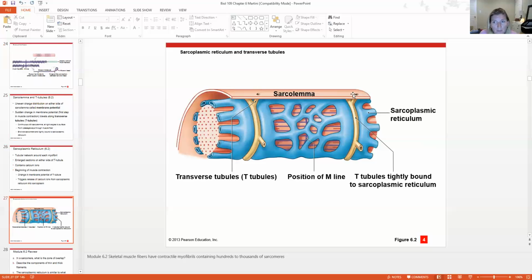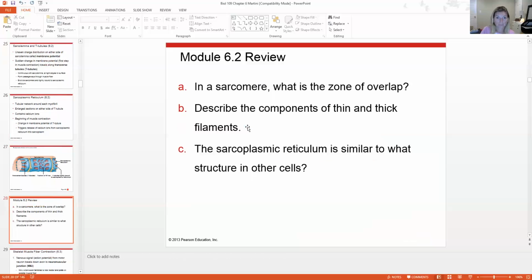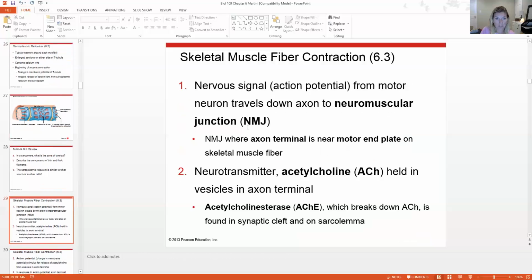And so that membrane potential, or that charge, can travel from like a nerve cell that's telling you to move, travel down the sarcolemma into the T-tubule, touch the SR. SR can release calcium. Once the calcium's released, now the contraction has begun. So you can pause the video, go back, and answer these 3 questions.